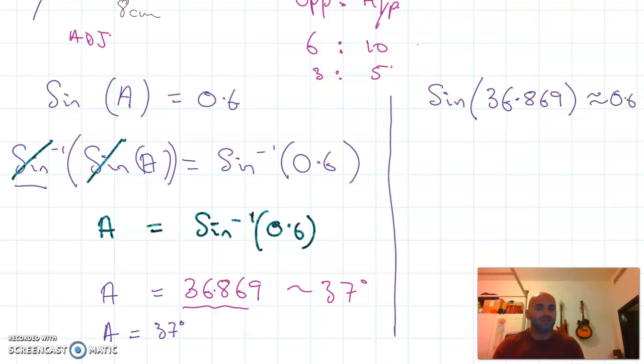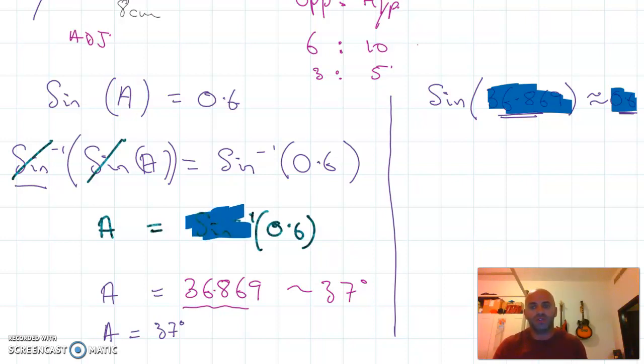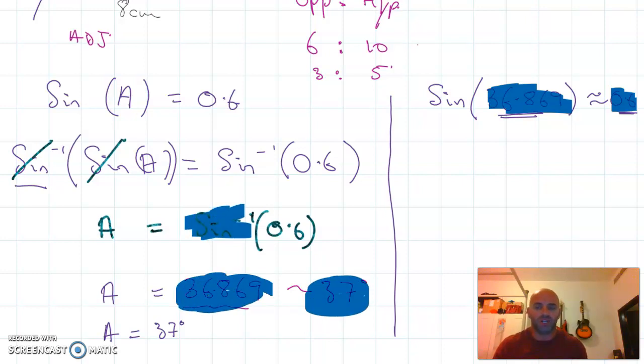So again, the sine of the angle gives us the ratio, 6 over 10, 3 is to 5, 6 is to 10, 9 is to 15. Okay. Whereas the sine inverse function gives us back the angle, 36.9 degrees, or approximately 37 degrees.